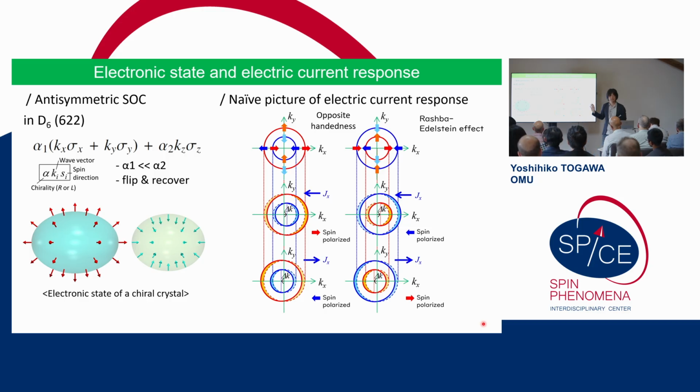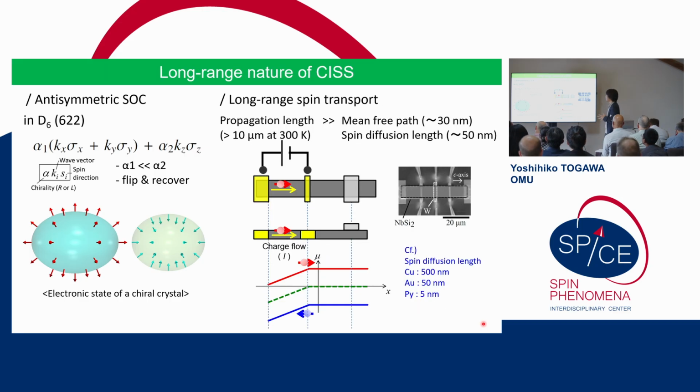But in our case, I don't know why, we easily detect the signal, because the conversion rate is almost 1 ohm. It's really amazing. Another thing: the Rashba-Edelstein effect should occur within the region where current is injected. Why can we have a signal at such a distant location from the current injection?